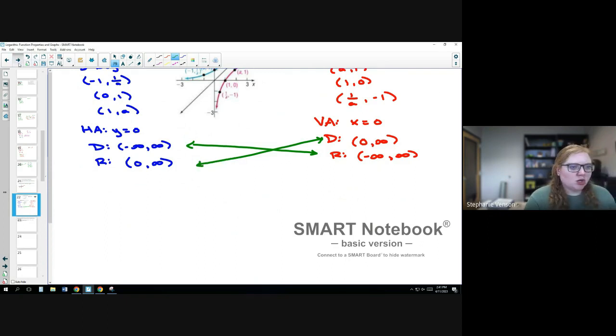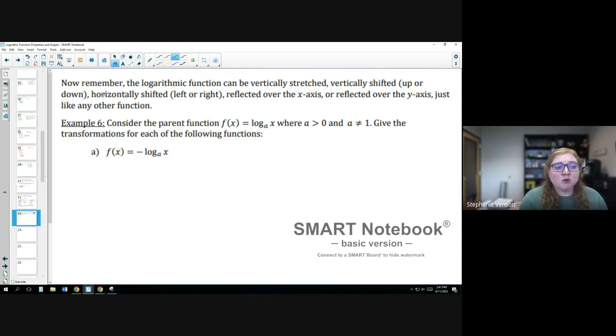Okay. So next up, it says, now remember, the logarithmic function can be vertically stretched, vertically shifted, that is up or down, horizontally shifted, left or right, reflected over the x-axis, or reflected over the y-axis, just like any other function.